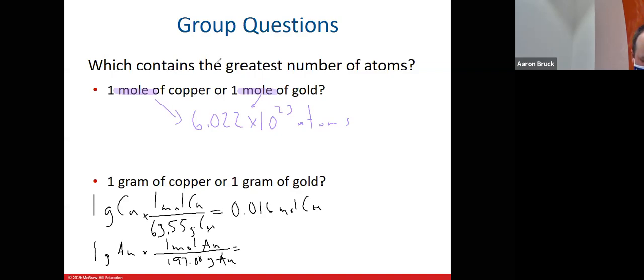One divided by 197, 0.0051 moles of gold. So which sample contains more moles? It's the copper, which means it's also going to contain more atoms.